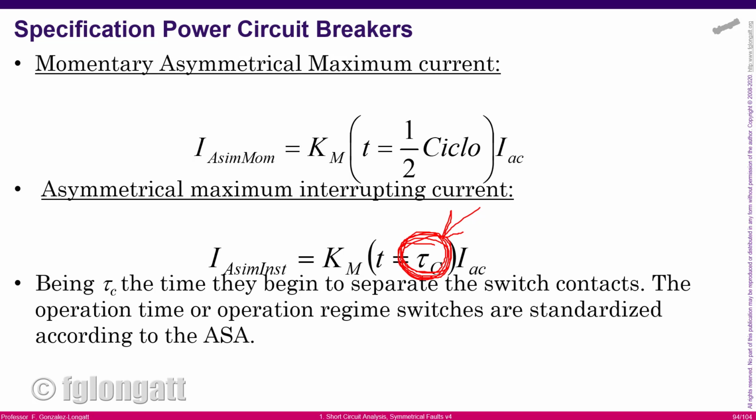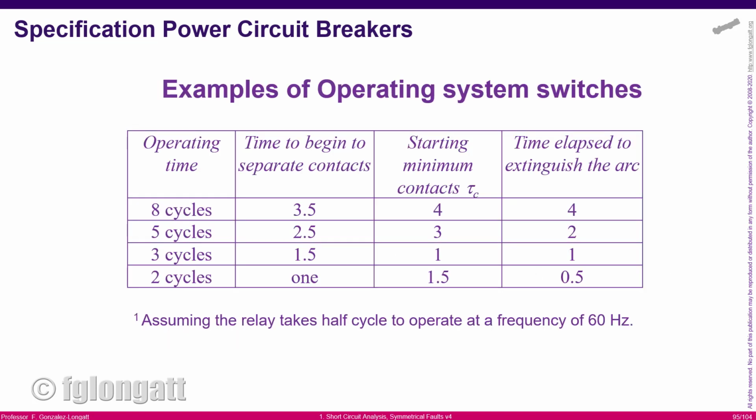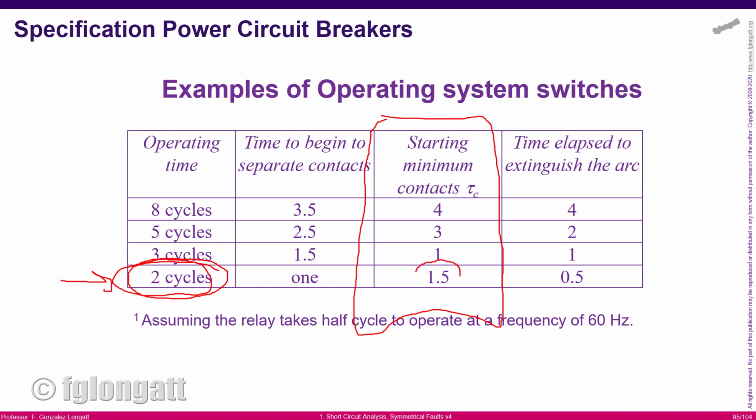As I said before, there are a few standards defining those times, operating time. And here you can see I created a table, and this table is for 60 Hertz. Depending on the operating time, for instance, for 2 cycles, the starting of the contacts is 1.5 cycles.